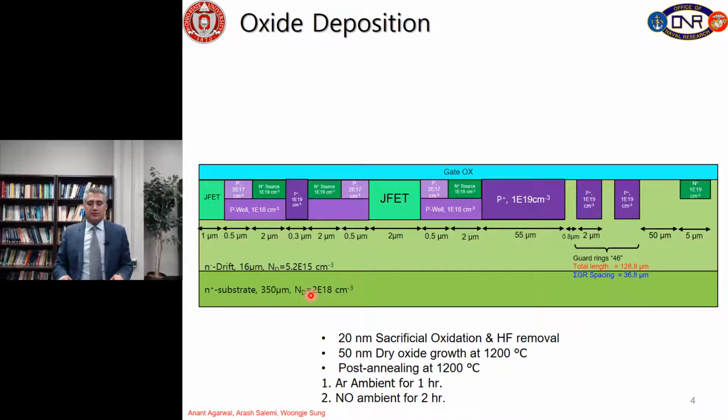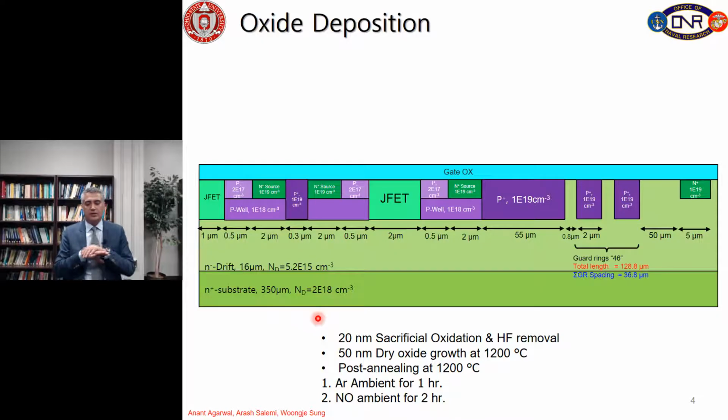The next step is oxide deposition. After all this implantation, we normally have bad surface morphology on the surface. In order to improve the surface morphology, we can use sacrificial oxidation.